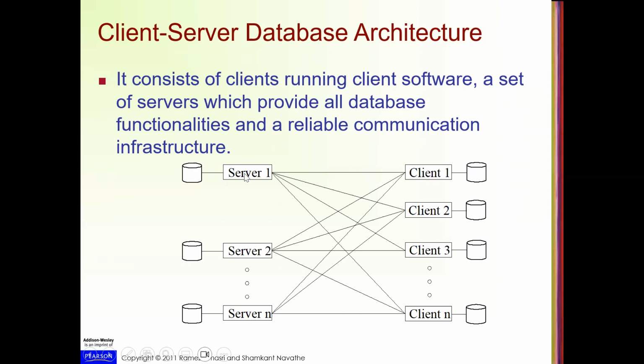For example, we have server 1, 2, and so on, and different clients can request the server. Client 2 is actually making requests to server 1, server 2 and server 3. So the clients can make the request, and the server provides the services to solve the request.